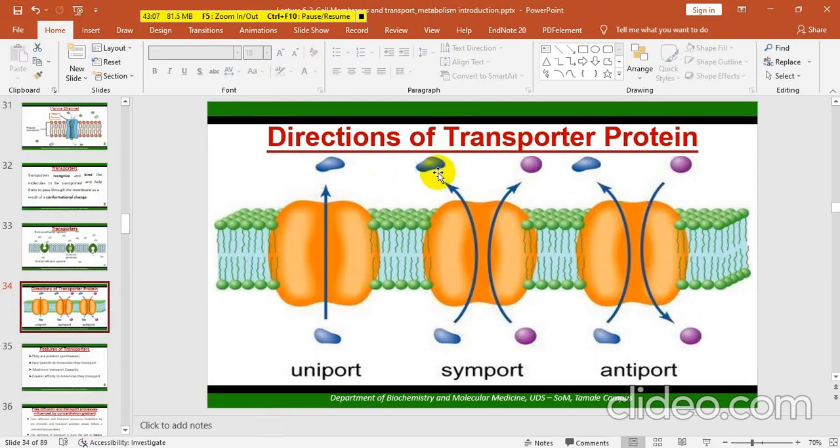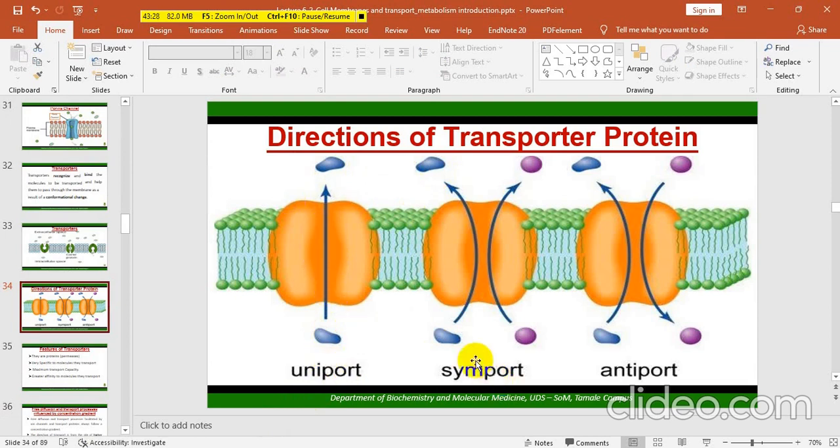So, direction of transport proteins. When we transport substances across a transmembrane protein, only one type of molecule, we call it a uniport.